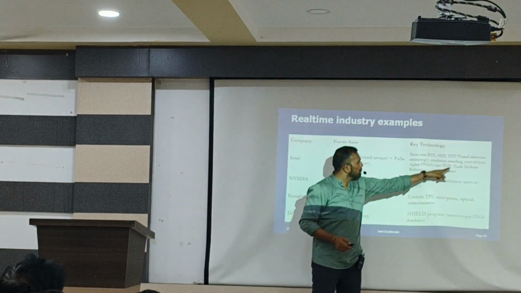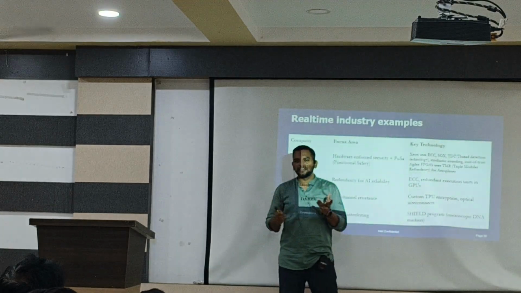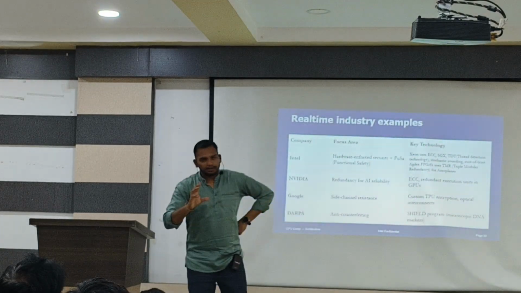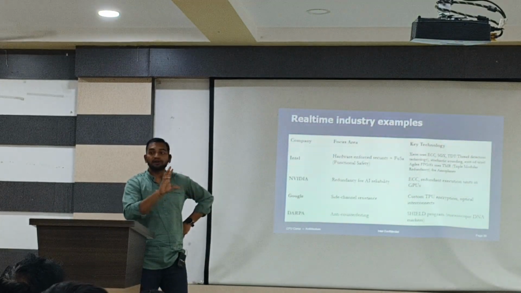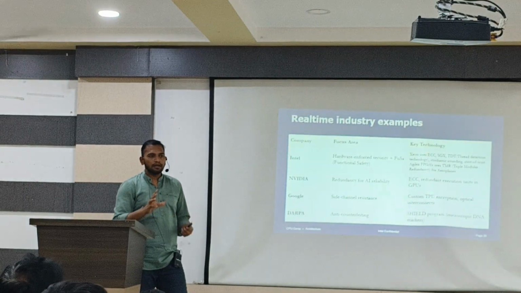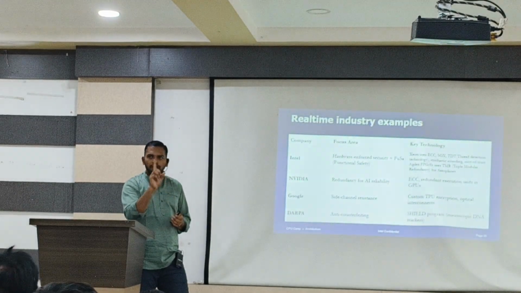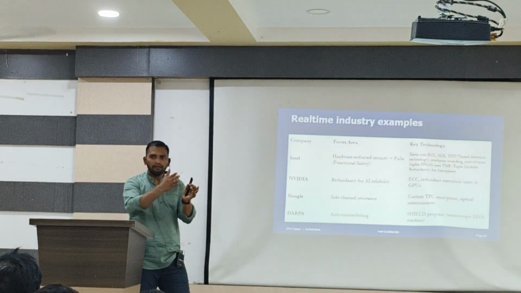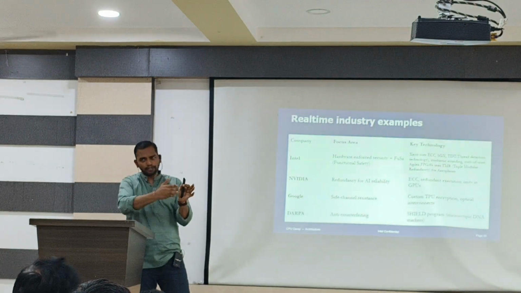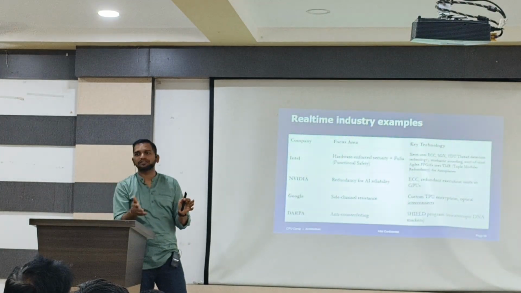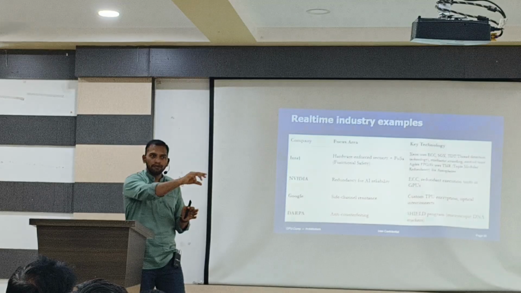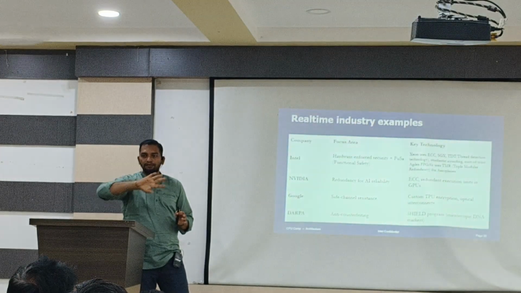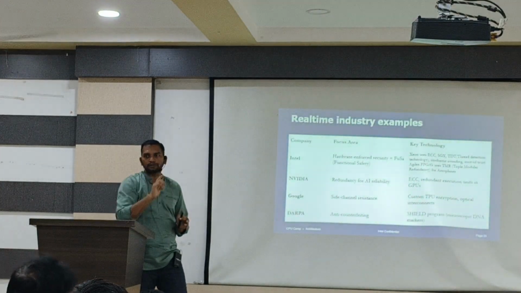Like triple modular redundancy. What is that? It is used mainly for real-time applications. Instead of executing on one area, we keep three areas. We execute the same instruction on the three areas and check the output. If the output is the same, then we process that.